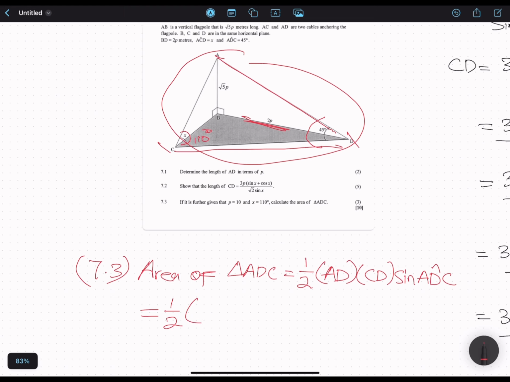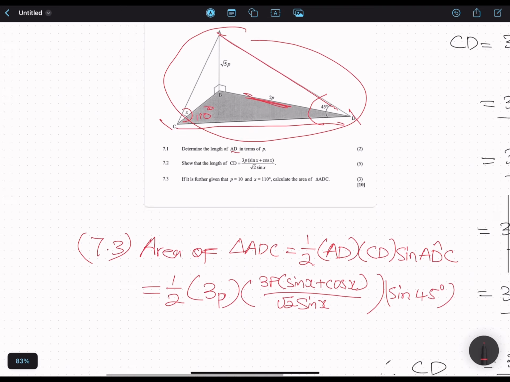What is AD? AD, remember we calculated it here on 7.1, it gave us 3p. Then what else do we have? CD, which is what we have calculated here. You can write it to be 3p sine x plus cos x divided by square root of 2 sine x. Then we have sine, what is the angle? 45 degrees.